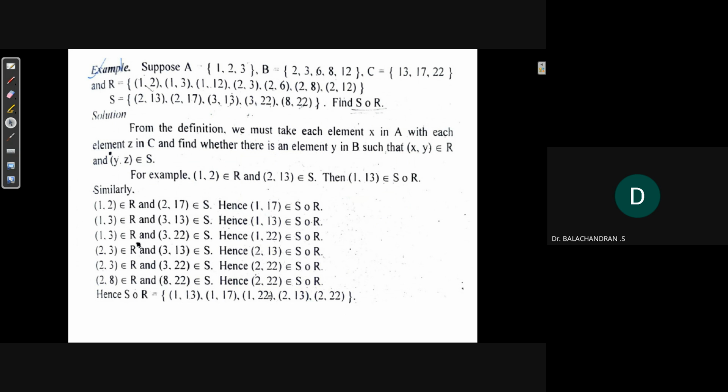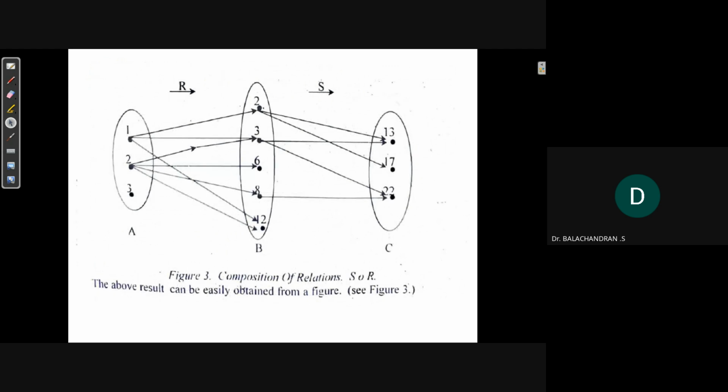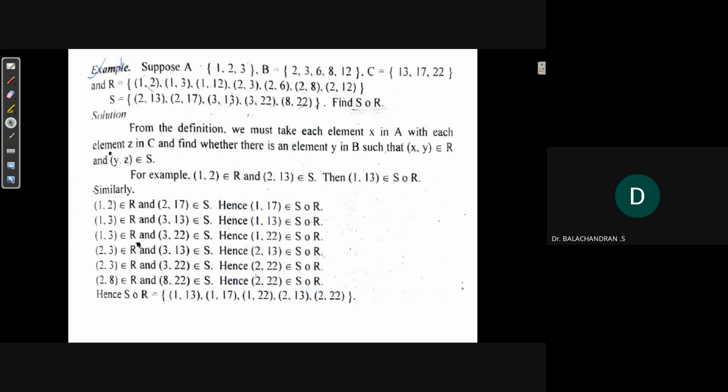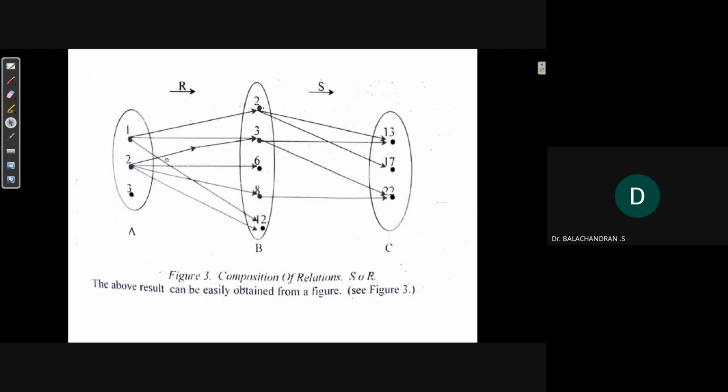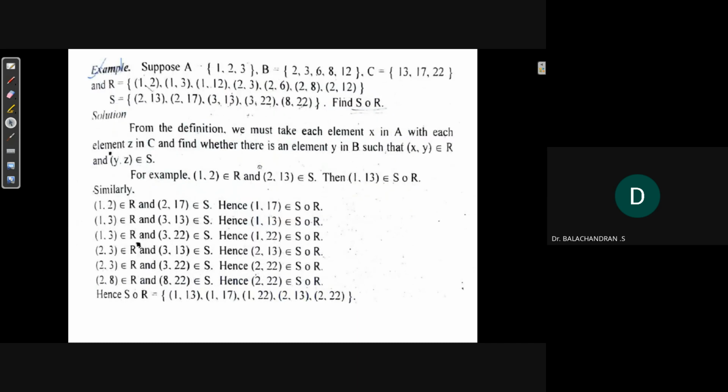B means 2 to 13. This is B, this is C. Now, first apply the relation R: 1 to 2, 1 to 3, 1 to 12, and then 2 to 3, 2 to 6, 2 to 8, and 2 to 12.